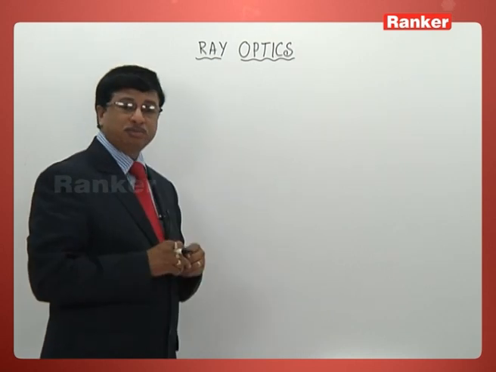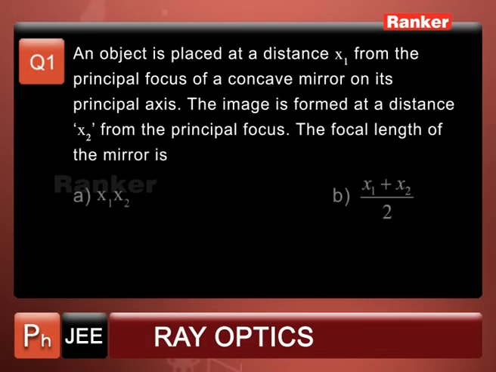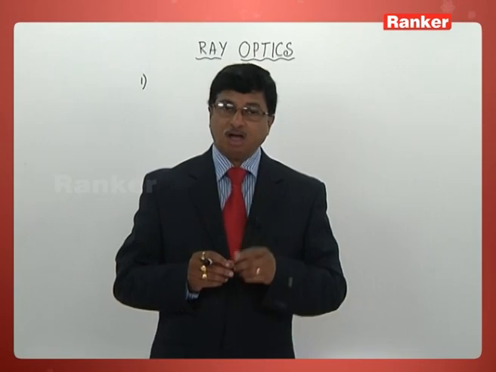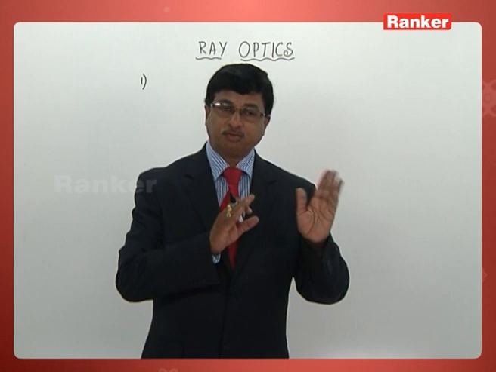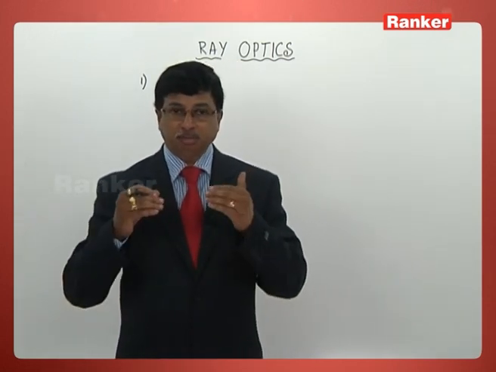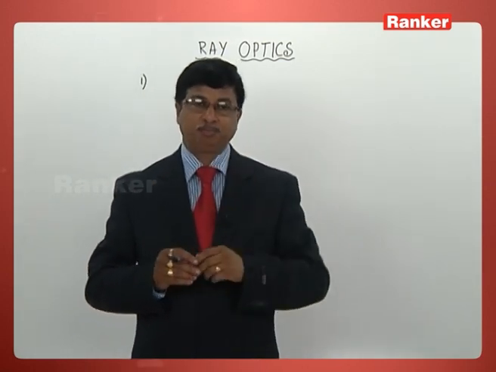The first problem says: an object is placed at a distance x1 from the principal focus of a concave mirror on its principal axis. Object is placed at a certain distance, fine. Usually, object distance and even image distance are measured directly from the pole of the mirror.